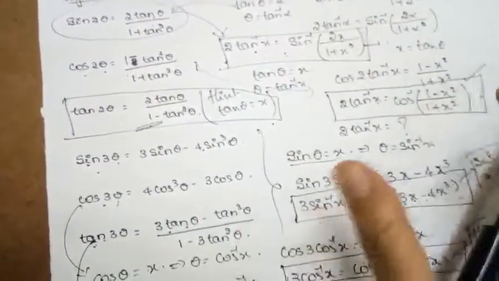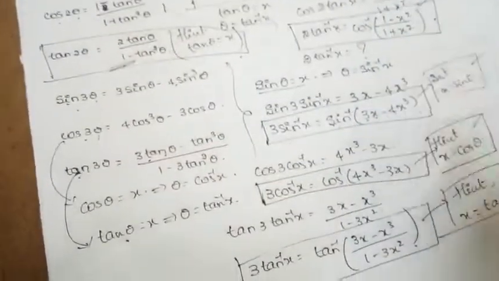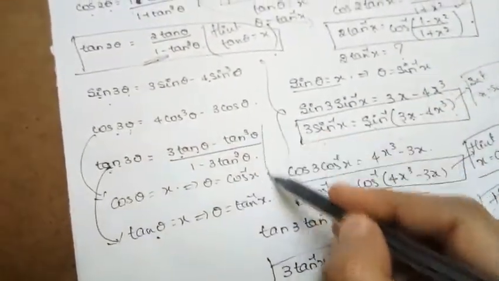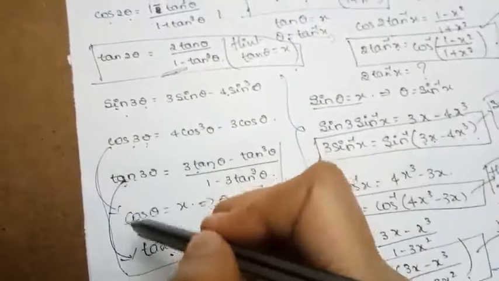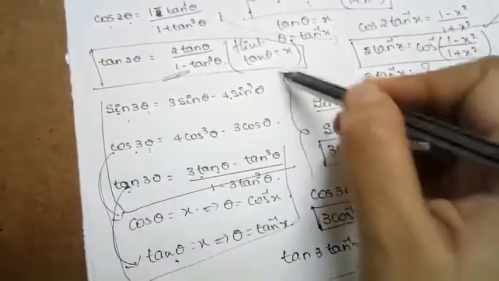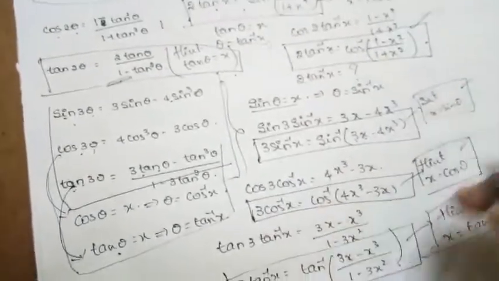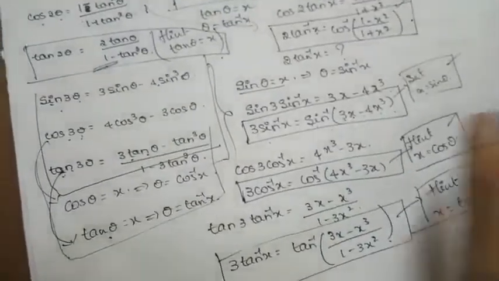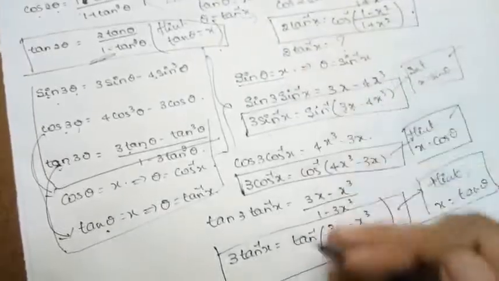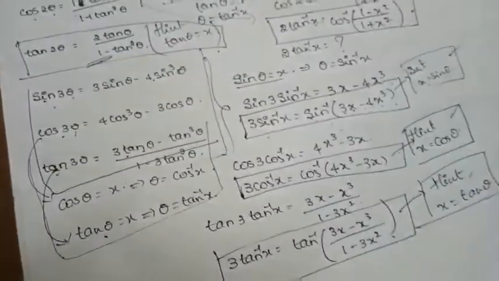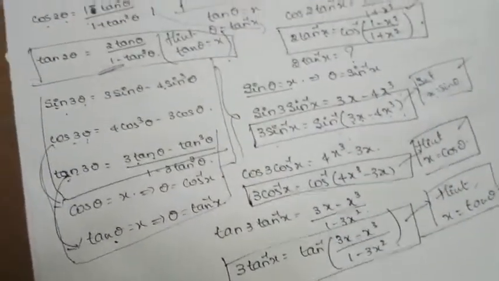To give that idea, I have done this concept, and this is not at all in your NCERT textbook. So that's why I have done it personally. It will be helpful for your exercise problems one way or the other.